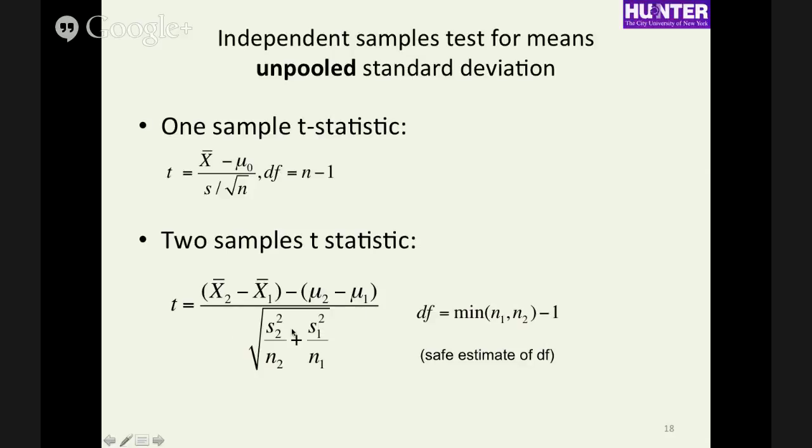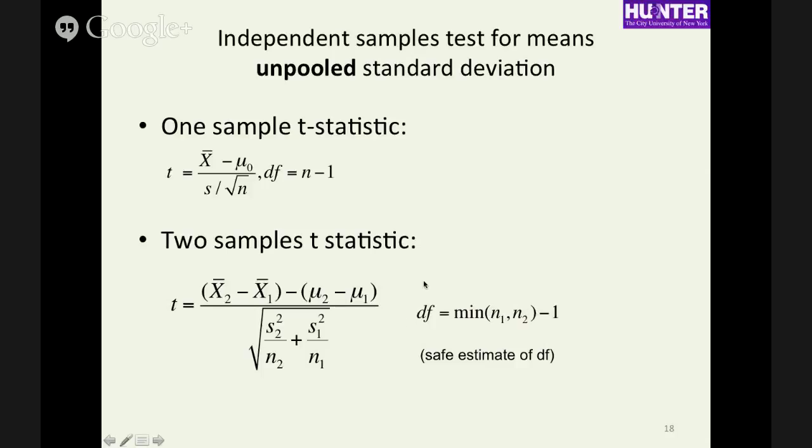And then you divide by this sum of two standard error-like things, in a square root. Instead of just s over the square root of n, you're doing the square root of s1 squared over n1 plus s2 squared over n2.